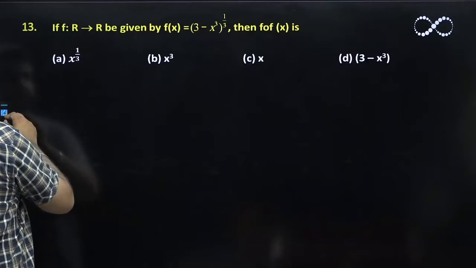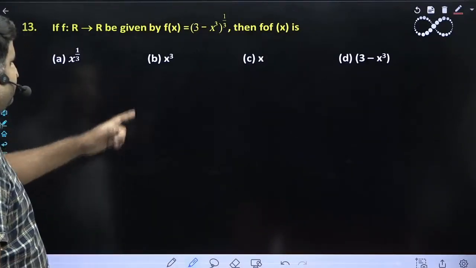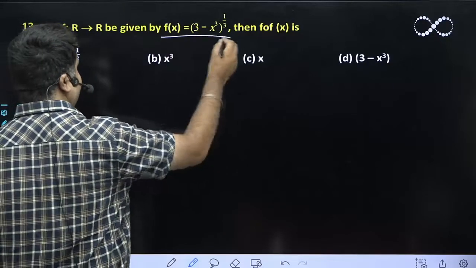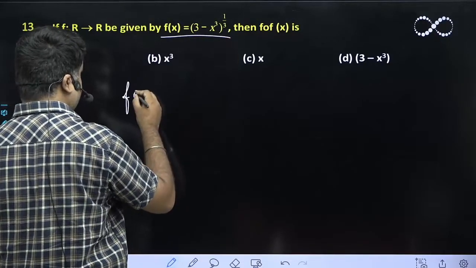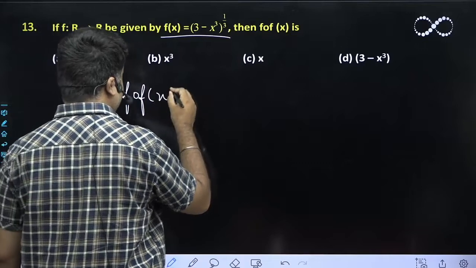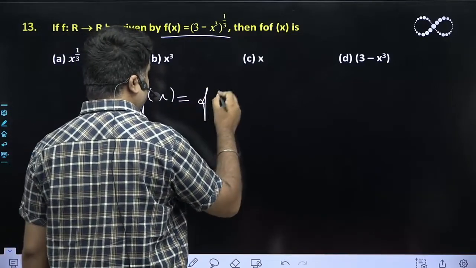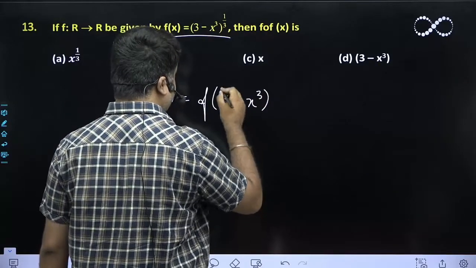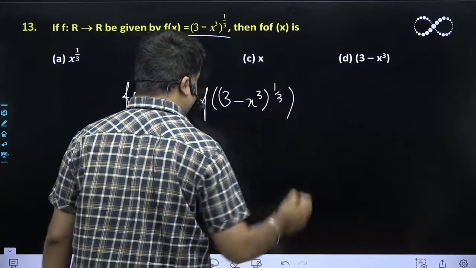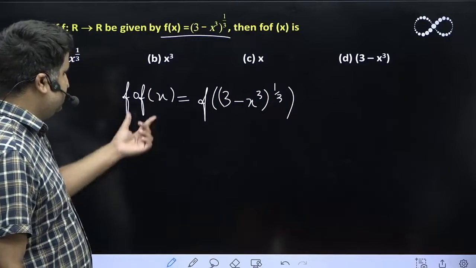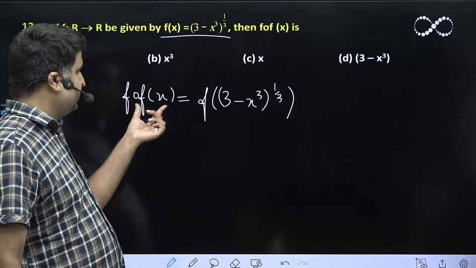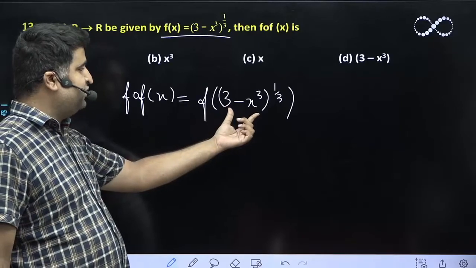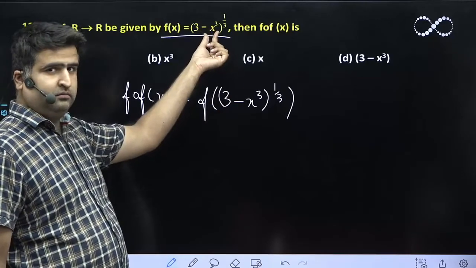So next problem is, in this case we have to find f of f(x). So what is f(x)? It is given by this. So f of f(x) is equal to f of (3 minus x cubed) to the power 1 by 3. So we just put the value of f(x) here, right? And now we have to put this value of x over here, right?